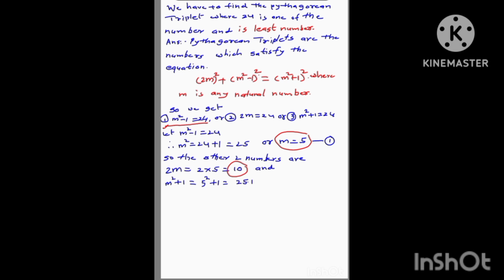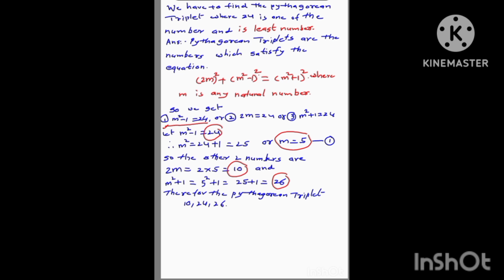So m square plus 1 is 5 square plus 1, which is 25 plus 1, that is 26. So we write the Pythagorean triplet: one number we have taken is 24, then we found 10 and 26. We always practice writing in ascending order, minimum first and maximum last, so we write 10, 24 and 26.